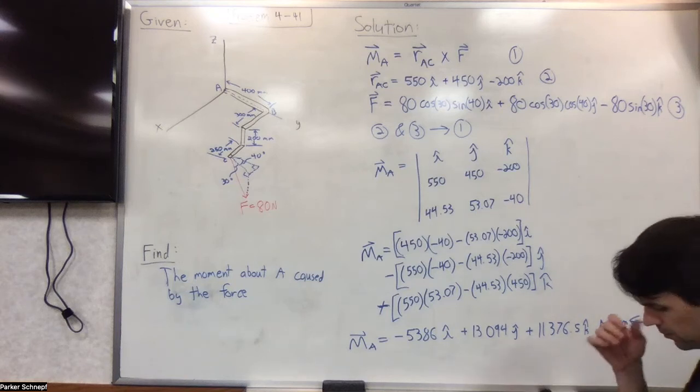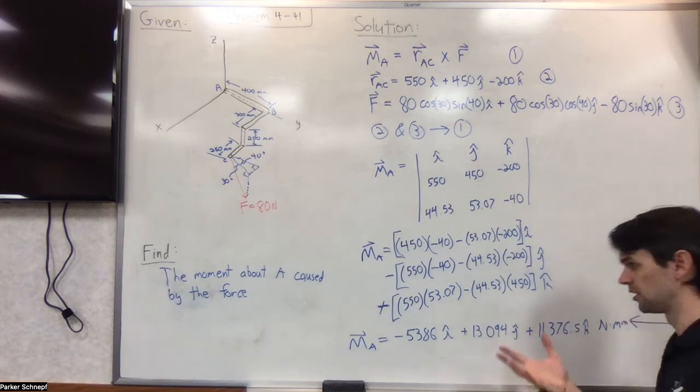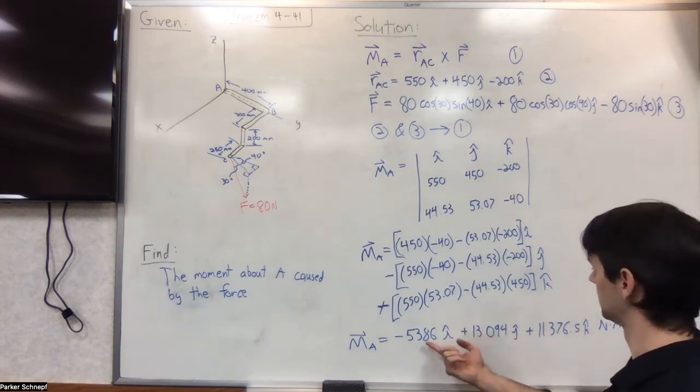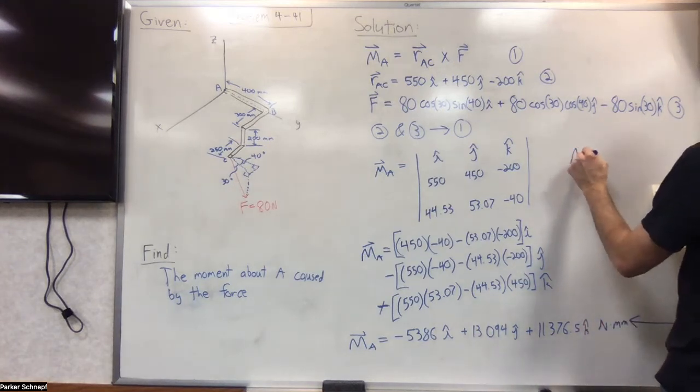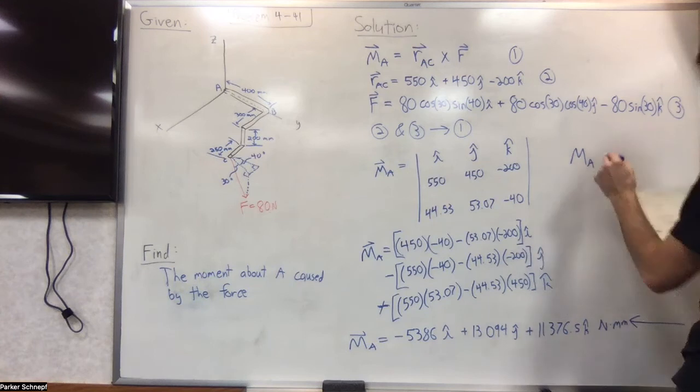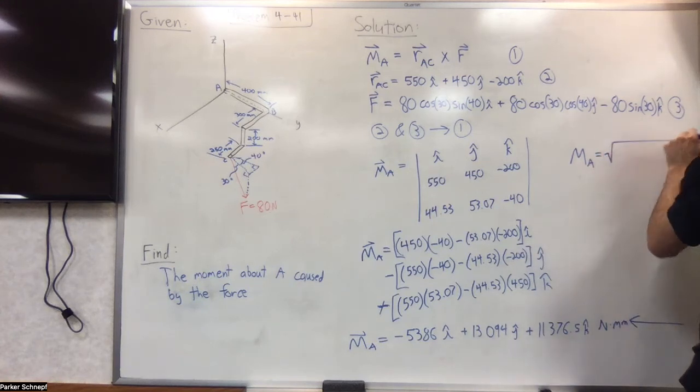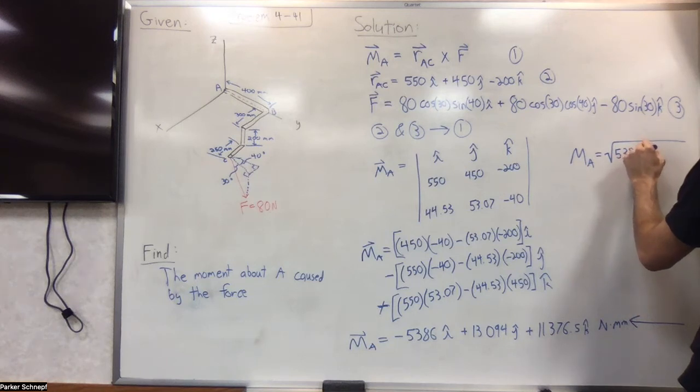Now they may ask you for the magnitude, in which case we just take the square root of the sum of the squares, and we just do it over here real fast. So the magnitude of that, just like the magnitude of a force, just take the square root of the sum of those squares and get your magnitude.